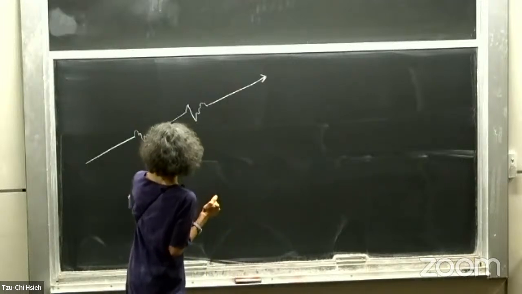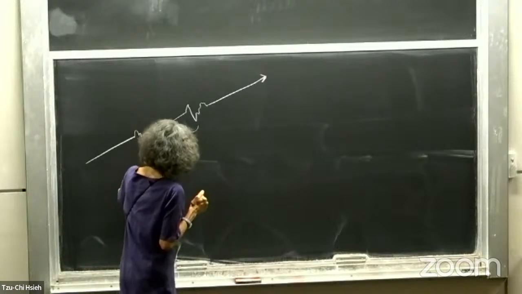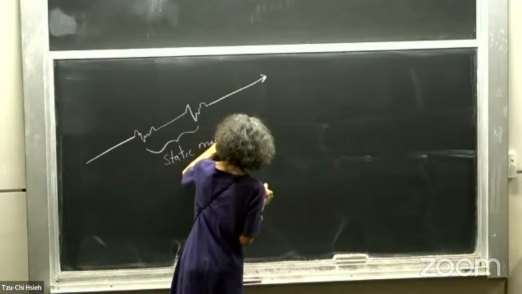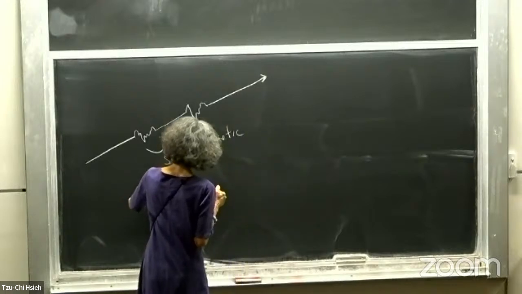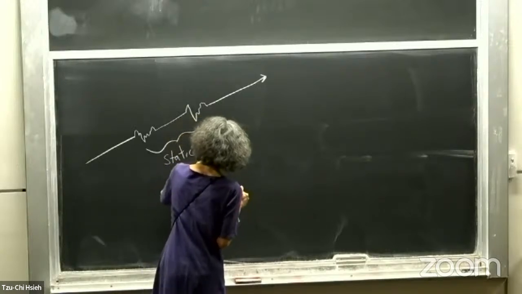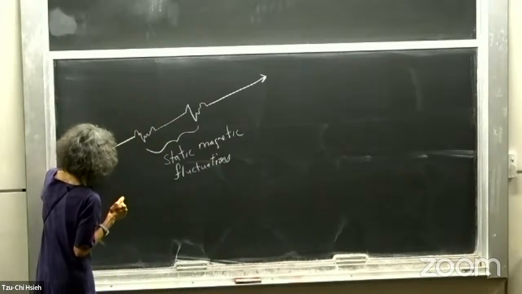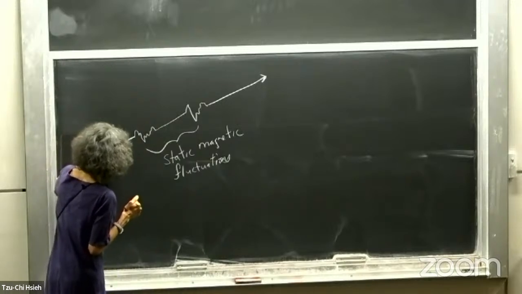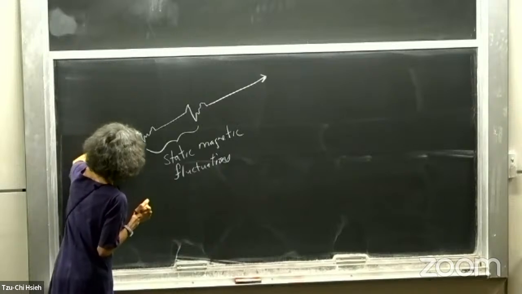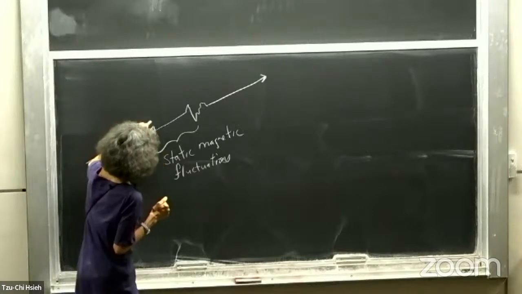These are static magnetic fluctuations. And a cosmic ray that's describing a helical path along this magnetic field will interact with these fluctuations and come out.